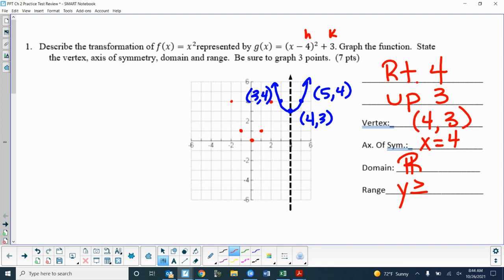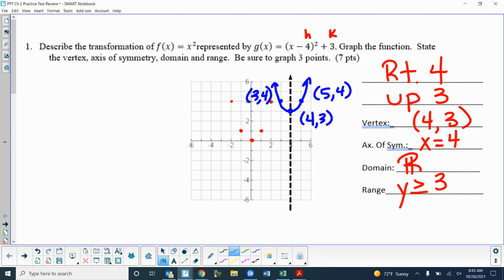The 3, the y value of the vertex, not the x. Some of you put the x, even though you know it's supposed to be the y. No, the y value of the vertex for your range. Opens up, greater than or equal to; opens down, less than or equal to. Any questions?